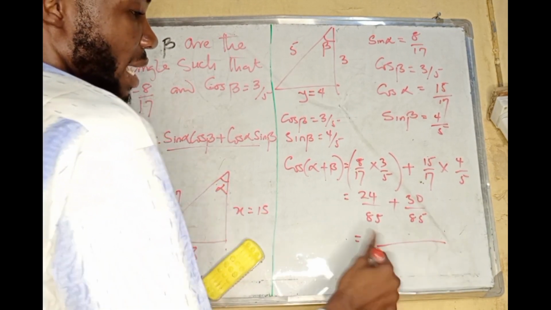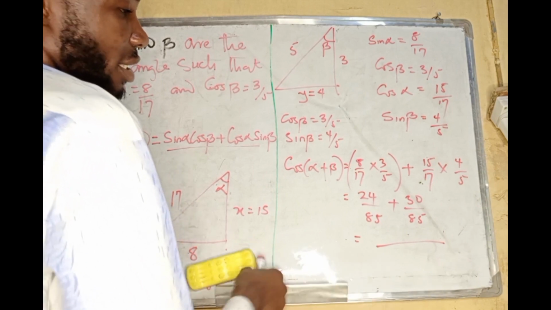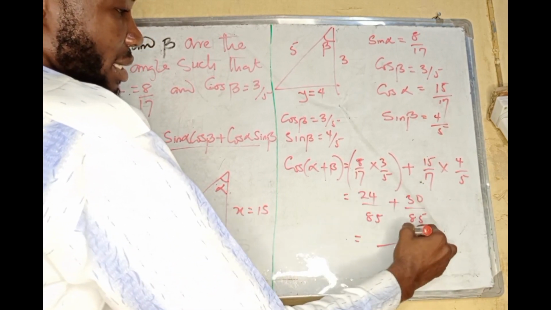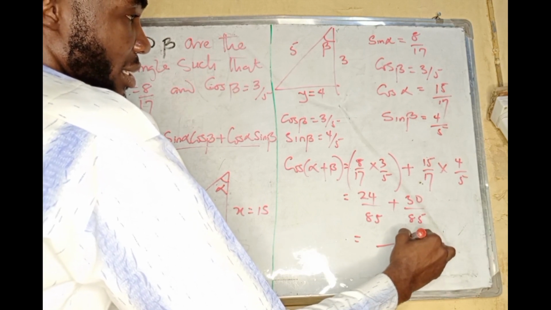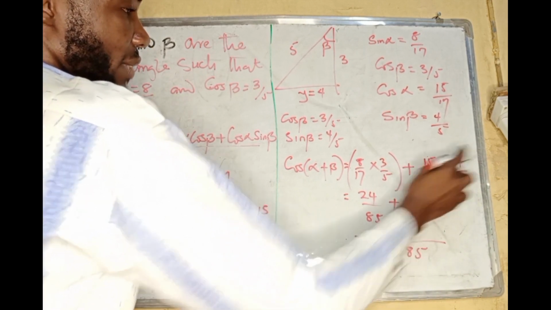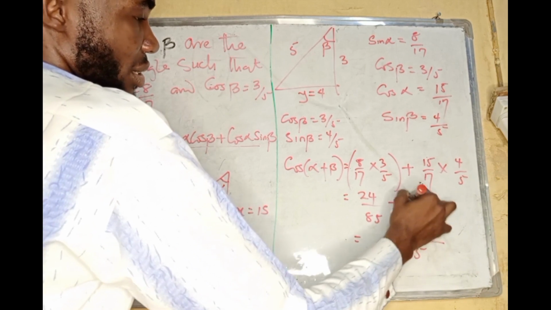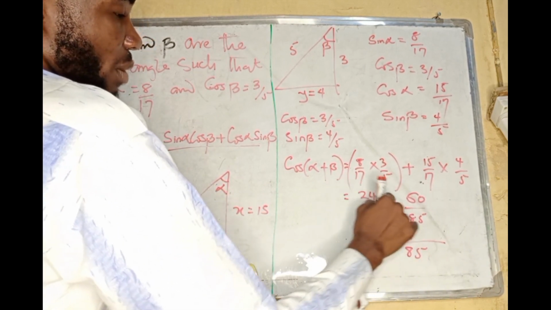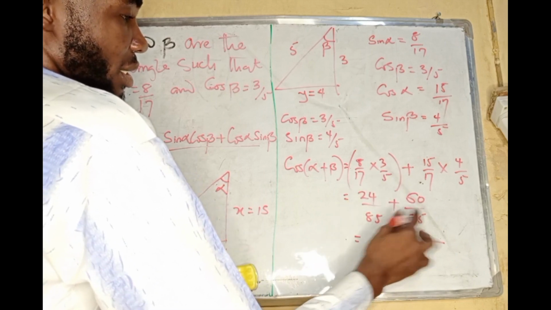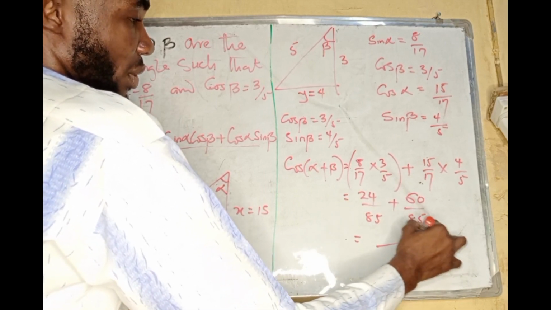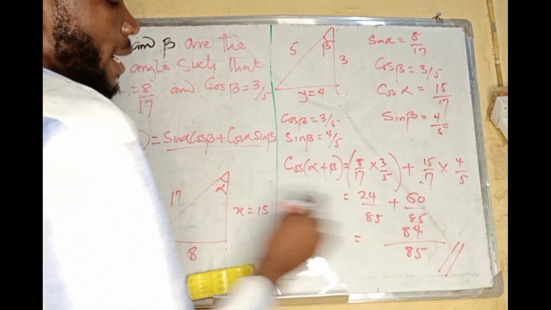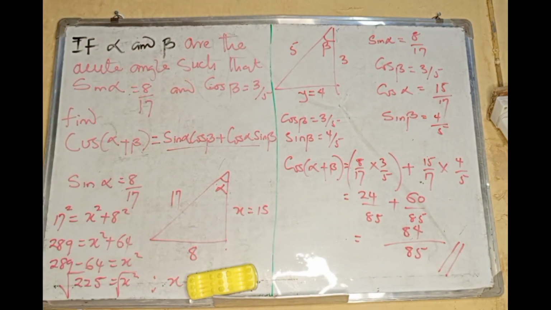In mathematics where the denominators are the same, just pick one, which is 85. Sorry, 15 times 4 should be 60. It should be 60, guys. That's good. So therefore, 24 plus 60 should be 84, so the answer is 84 over 85. Is that clear? So that's fine. So this would now be my final solution to this very question, okay?